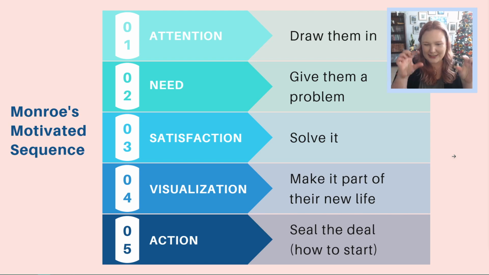I've chopped it up into little chunks and I've mixed them up. So the assignment that you need to do to complete this module is to go put those chunks of a speech in the correct order, and you're going to match up the few sentences that I have for each part of that speech to which step in Monroe's motivated sequence it belongs to.